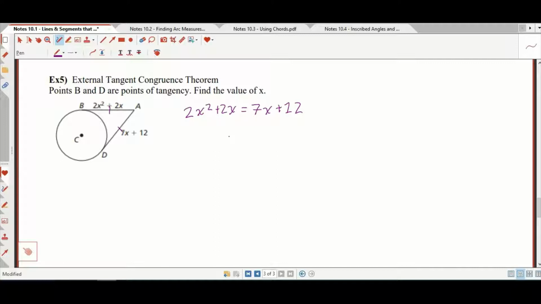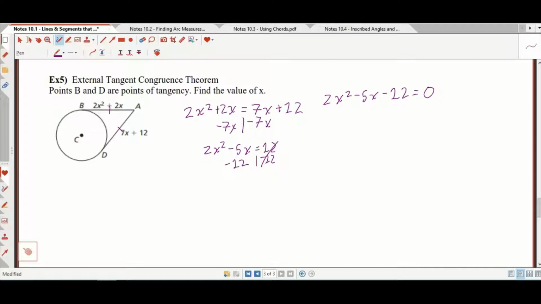This one we're not going to be able to get rid of the quadratic, so we're just going to solve this for 0. We take 7x away from both sides: 2x squared minus 5x equals 12. Take 12 away from both sides, which means that my quadratic equation is 2x squared minus 5x minus 12 equals 0.